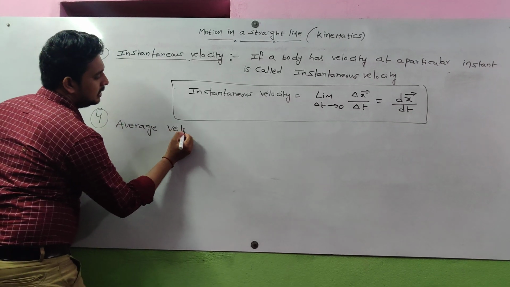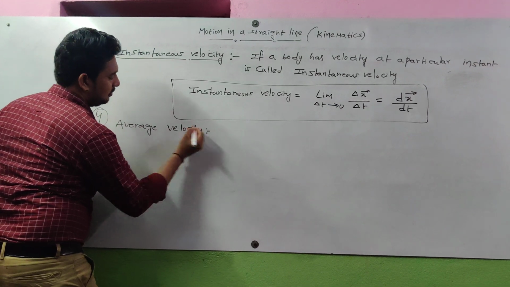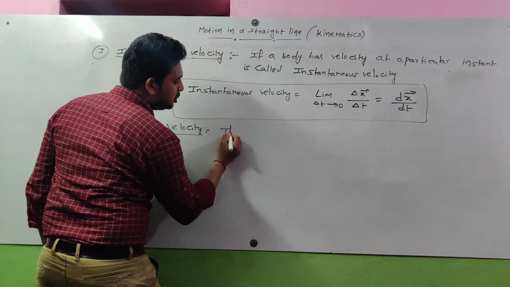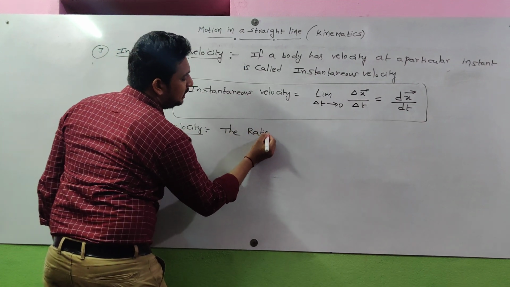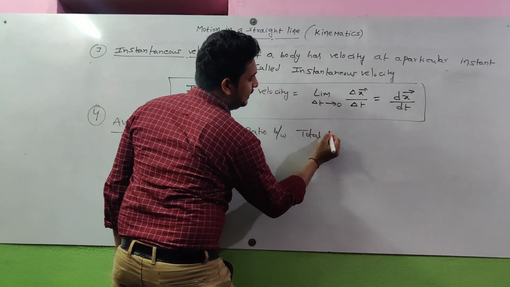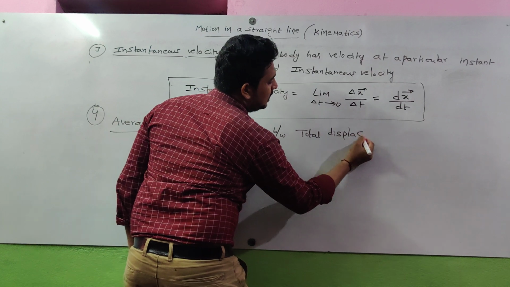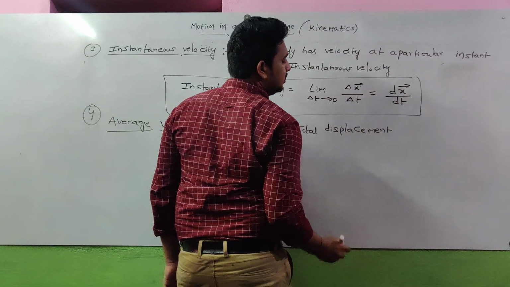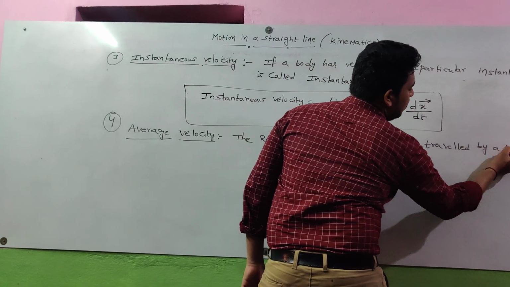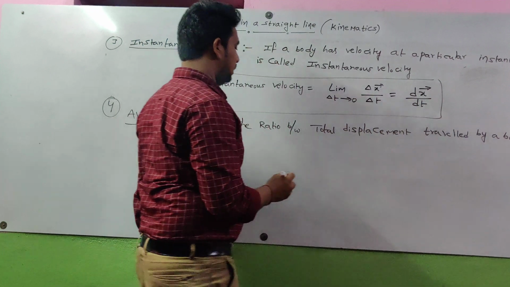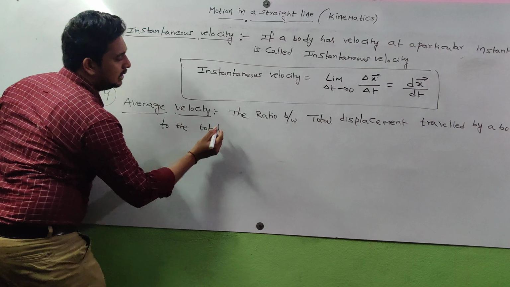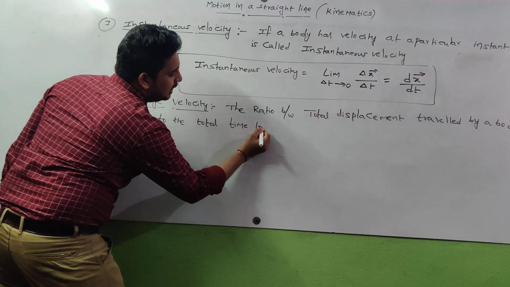Average velocity is defined as the ratio of the total displacement traveled by a body to the total time taken.